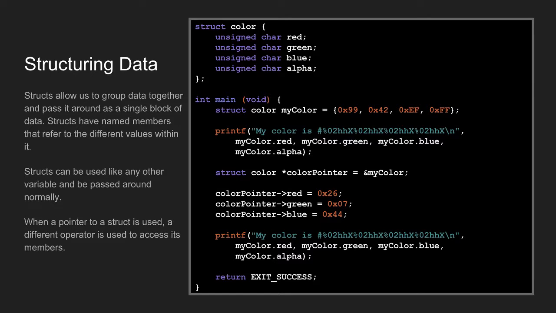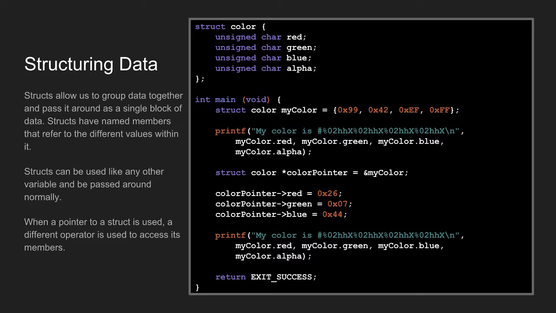When we have a pointer to a struct, we can use it like a normal pointer, so we can use asterisk and close brackets dot red in order to access red, but that gets a bit tedious having to dereference pointers like that. So we have another operator, which is the dash arrow, or stab as it's often referred to, which we can use after pointers to structs.